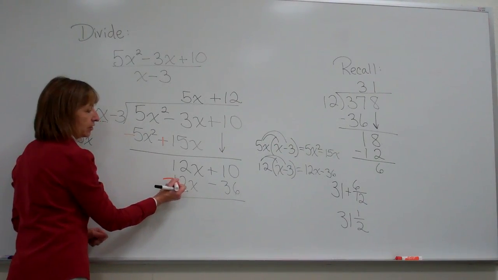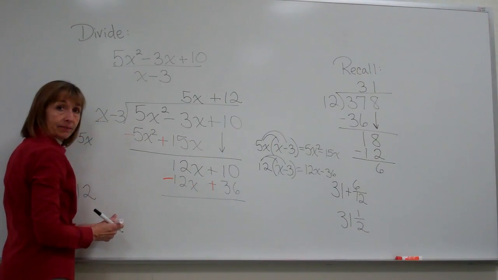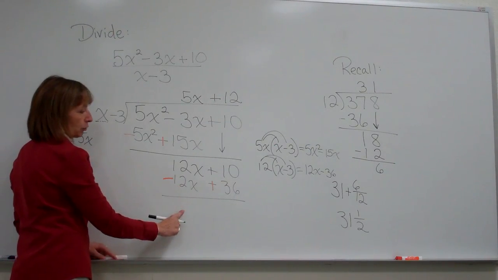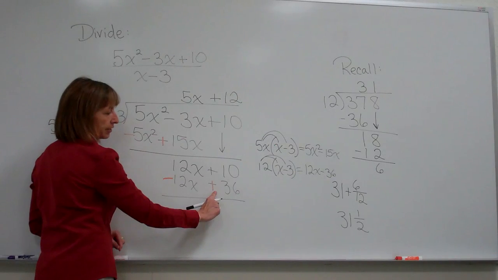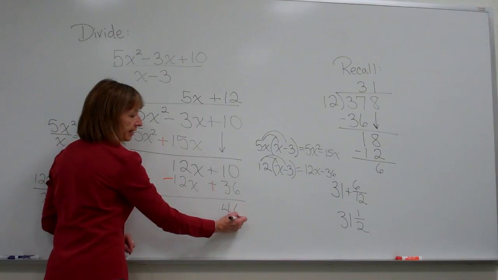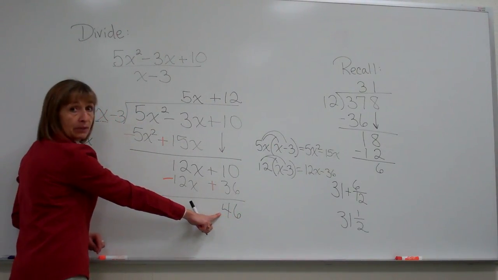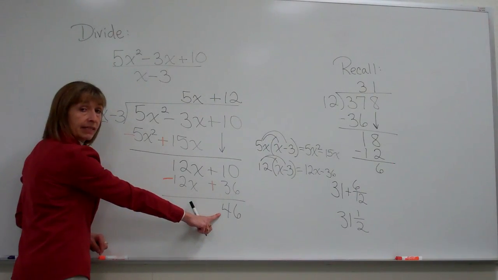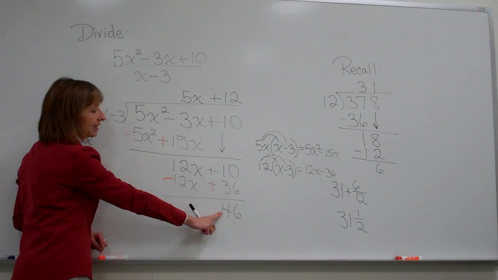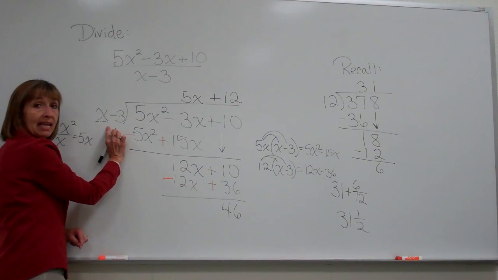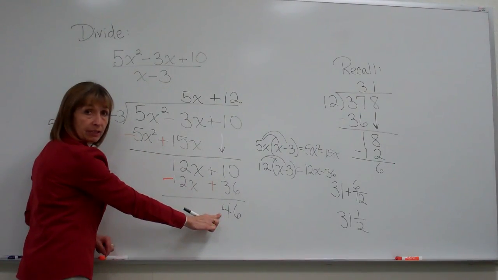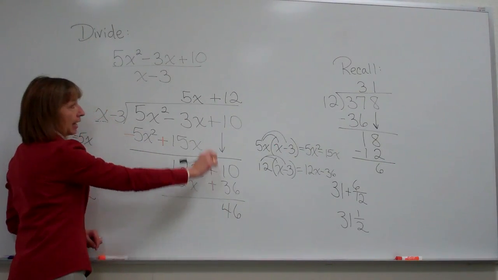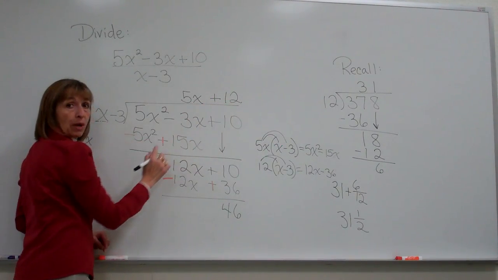So that'll make that a minus 12x and a plus 36. 12x minus 12x, those terms are gone, and then 10 combined with a plus 36 is a 46. Now, as soon as the degree of what I have in my process is smaller than the degree of the divisor, I know that my division is done, and that's my remainder. 46 is my remainder, and my quotient is 5x plus 12.